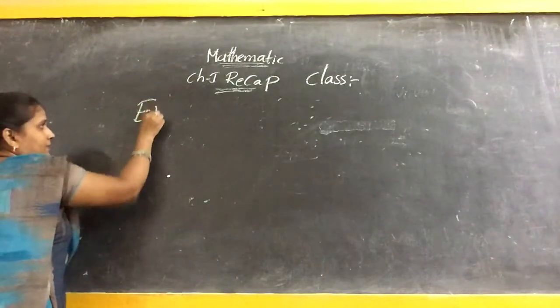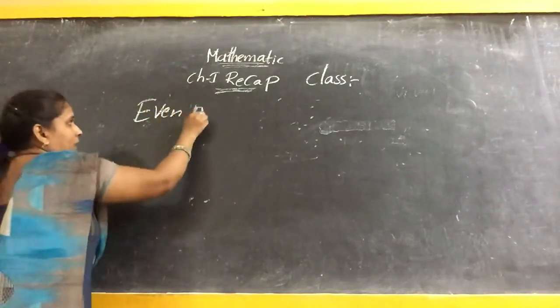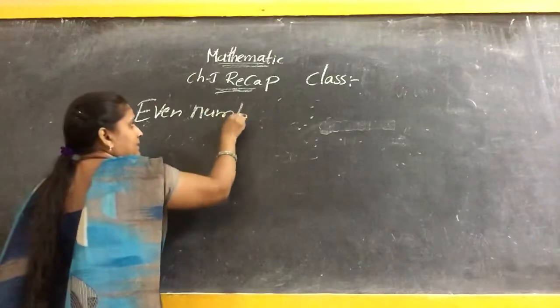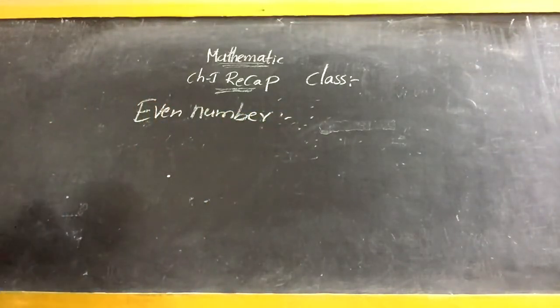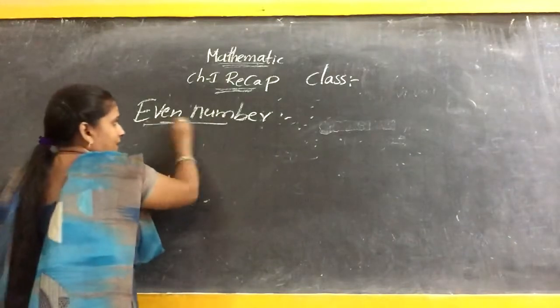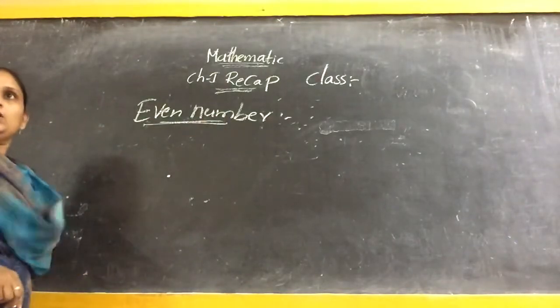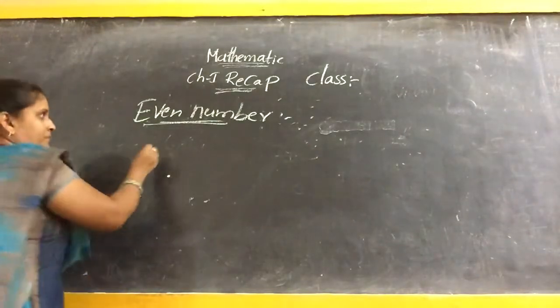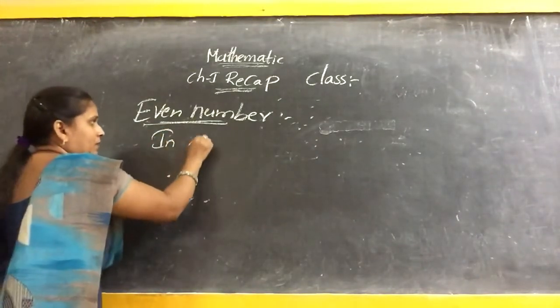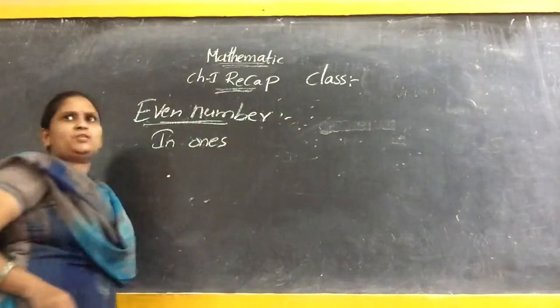Even numbers concept, and next odd numbers. So for even numbers, how to identify which is the even number? It depends on the ones place. You all know place values, no children?